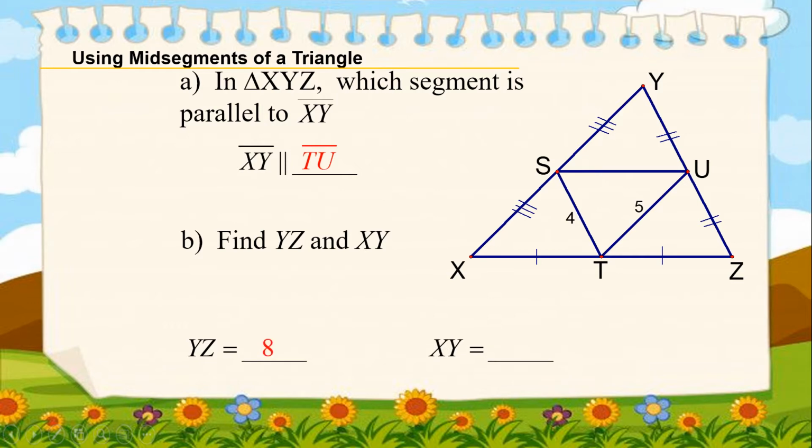YZ is equal to 8 since segment ST is equal to 4. Next, XY is equal to 10 since UT is equal to 5.